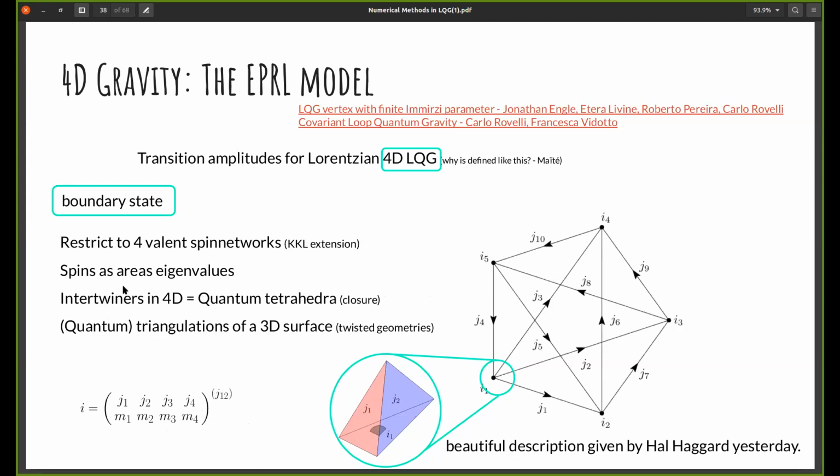the nice thing is that you can interpret these intertwiners in 4 dimensions as quantum tetrahedra. While before it was easy to understand why, given the 3 lengths, and given the invariant tensor, you could associate to it a triangle.